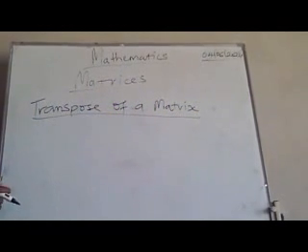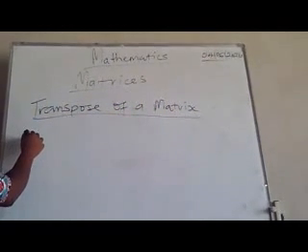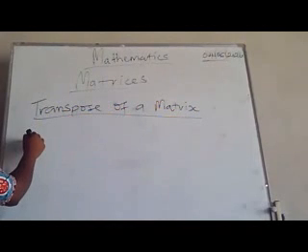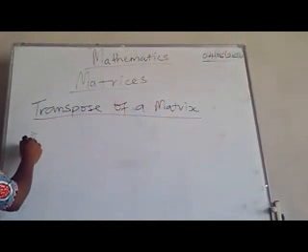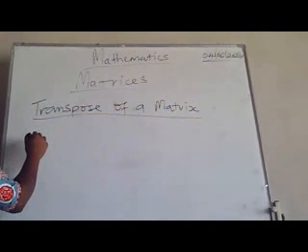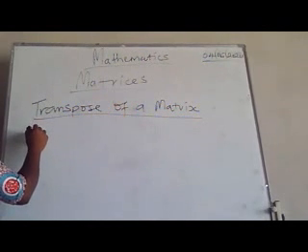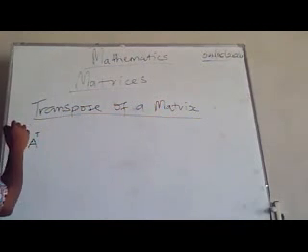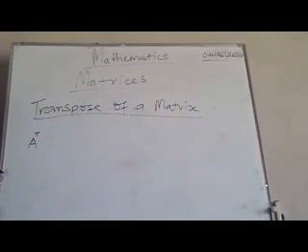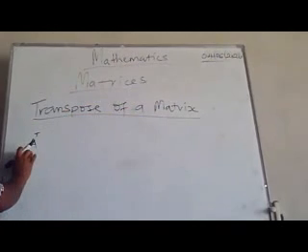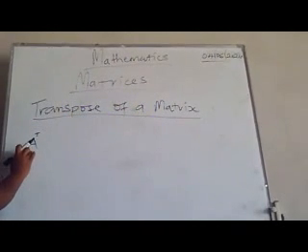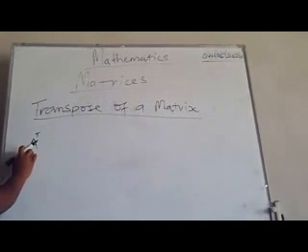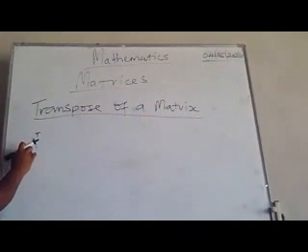And it is denoted as a matrix raised to small or capital letter T. If A is a matrix and you have to find a transpose of A, it is written as this.